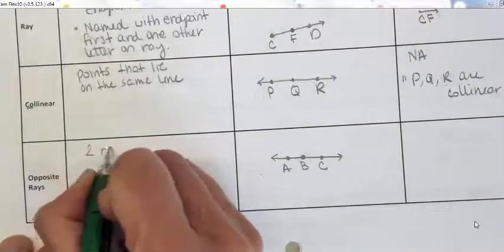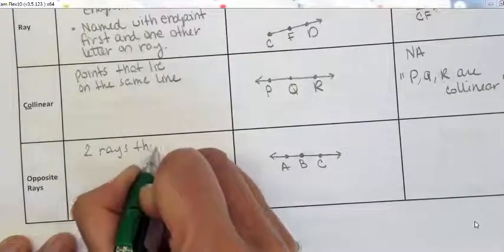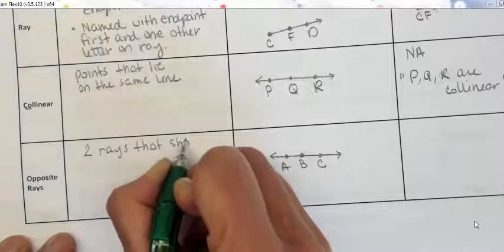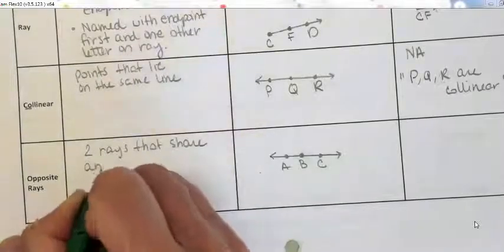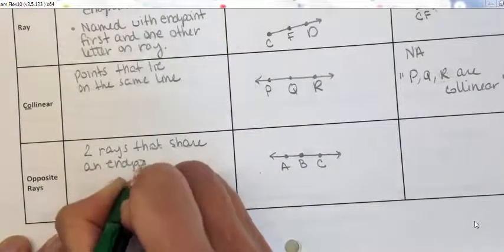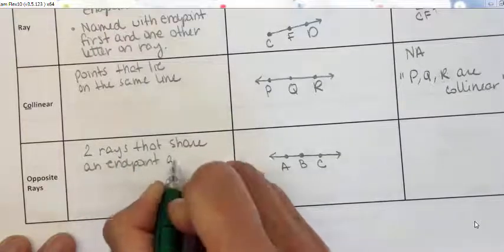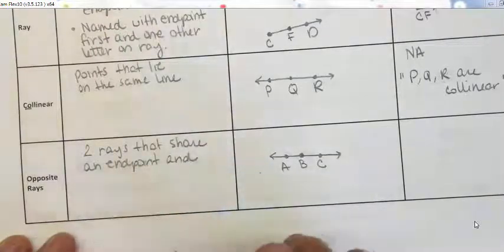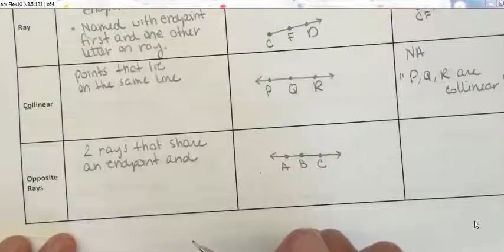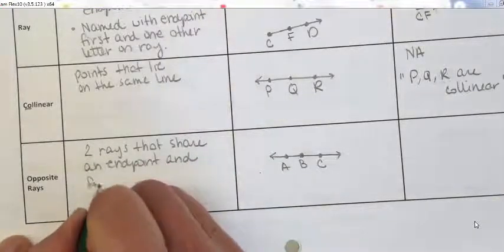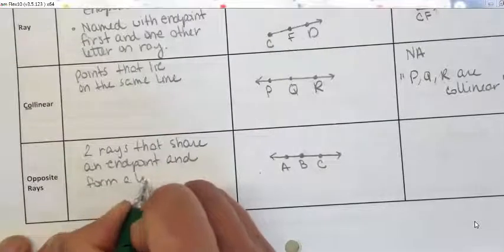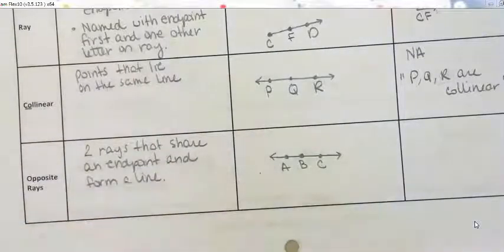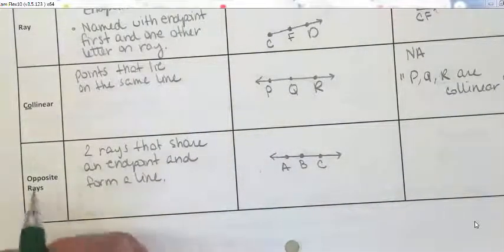These are two rays that share an endpoint and form a line. So they go in opposite directions, right? That's why they're called opposite.